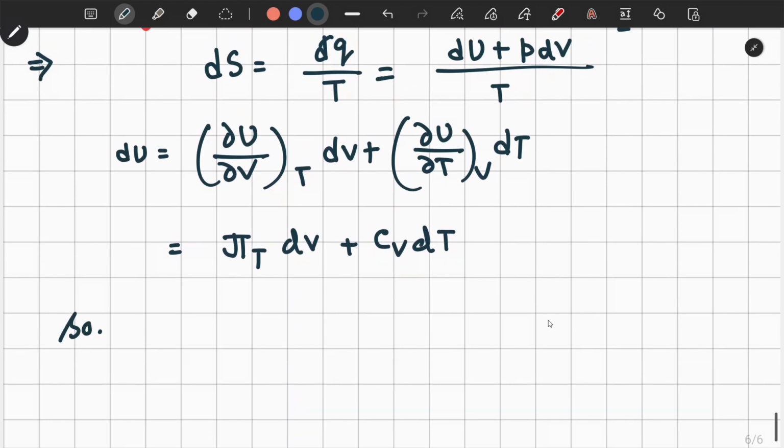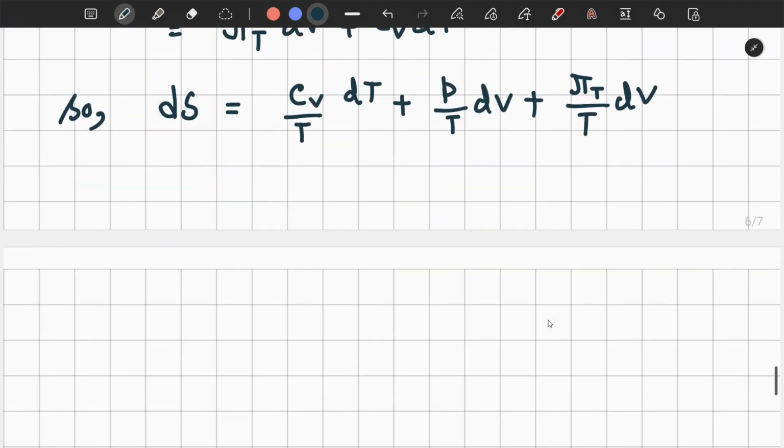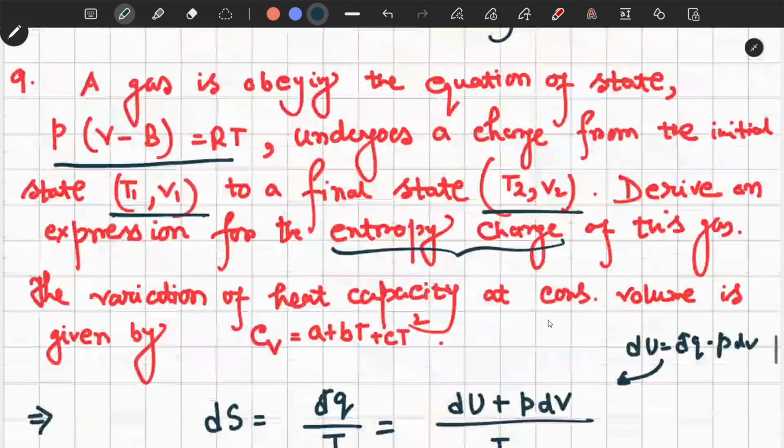So dS will be Cv dT by T, or Cv by T dT, plus P by T dV plus pi T by T dV. Okay, this we are getting. Now for pi T, we know pi T was already written, minus P. Let me check.